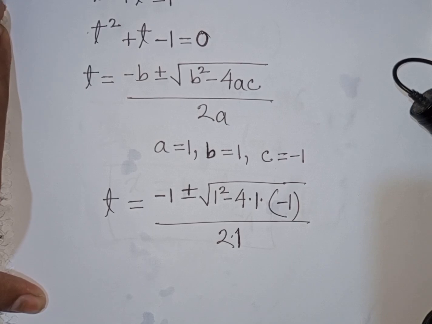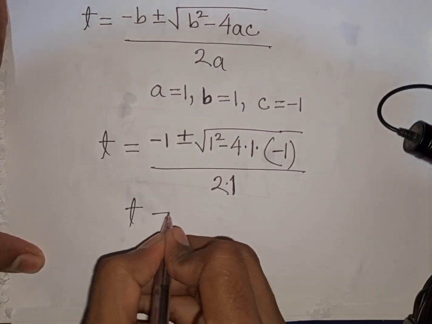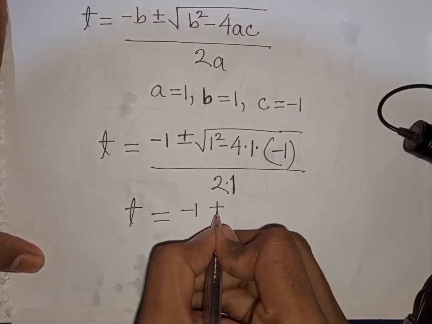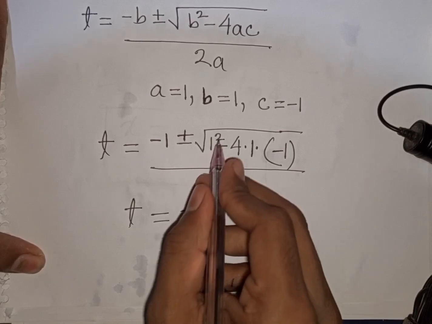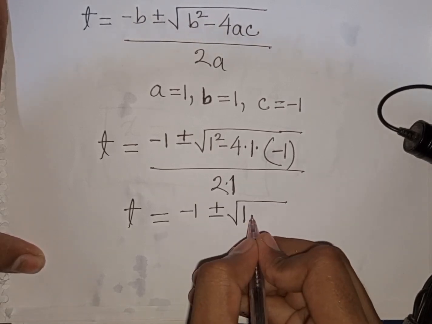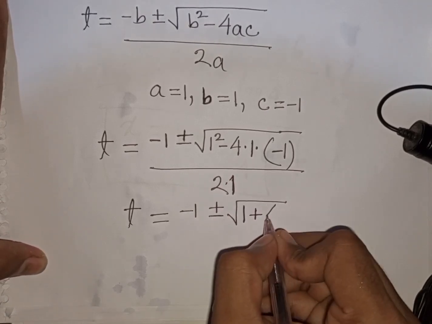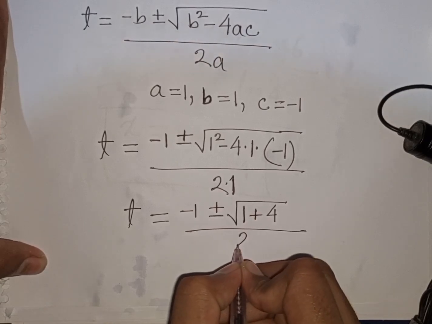So, t is equal to minus 1 plus or minus the square root of 1^2, which is 1, then minus times minus means plus, 4 times 1 times 1 means 4, divided by 2 times 1, that means 2.